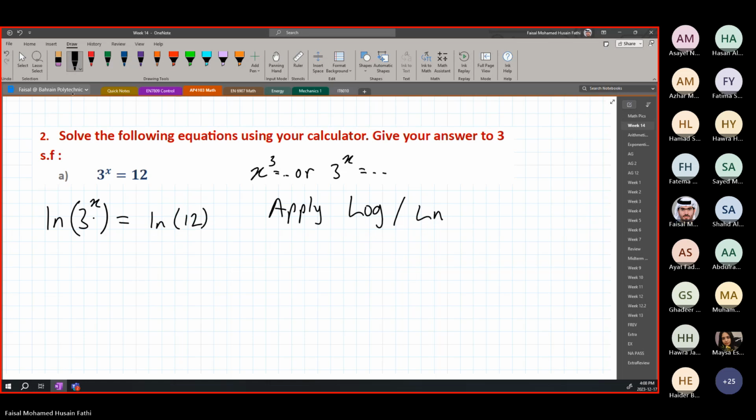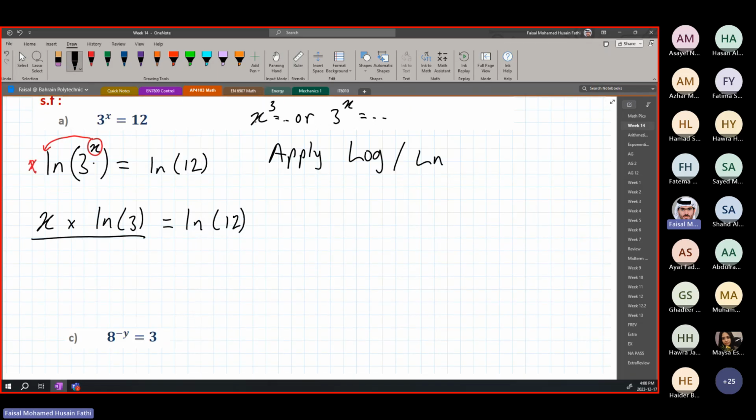We take the x outside and multiply it. So it's going to be x times ln of 3 is equal to ln of 12. Very easy, just as we did earlier. Divide both sides by ln of 3 to cancel out the ln of 3 on this side.